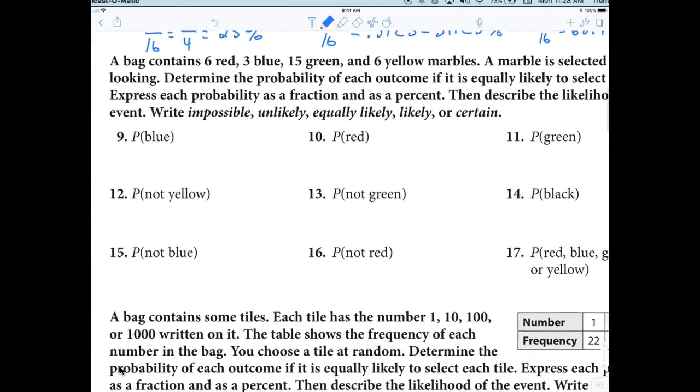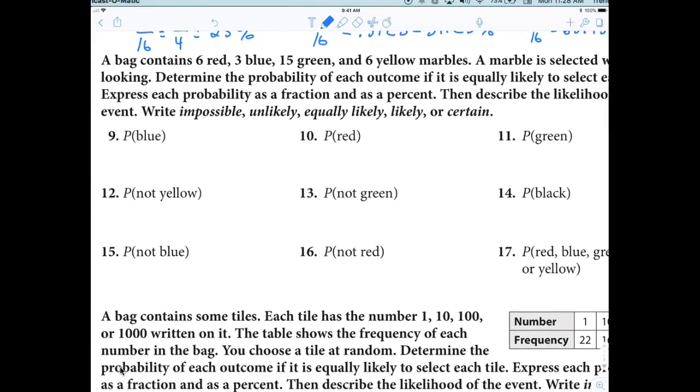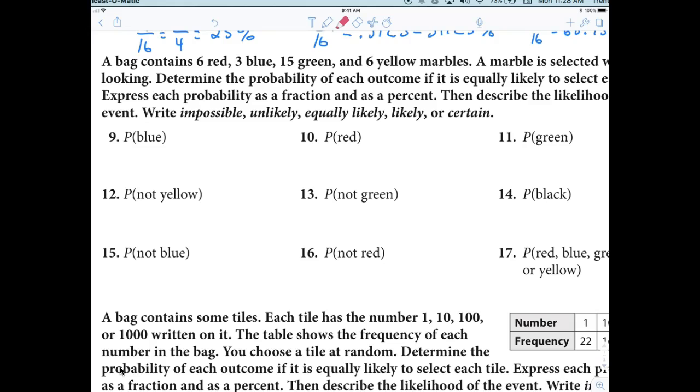All right. So now, again, what I want you to do is I want you to highlight this for me again. Impossible, unlikely. Do I really care about that question? No, I don't really care. However, if it's impossible, that means the probability is what again? 0%. If it's certain, it'll be what? 100%.